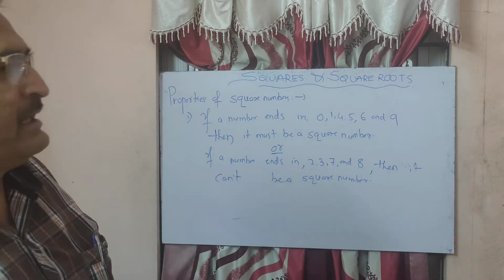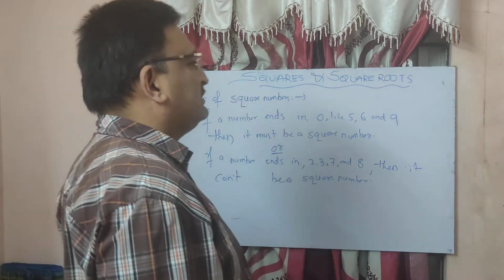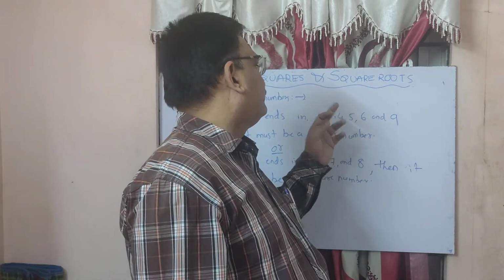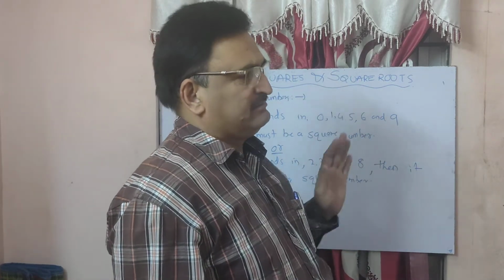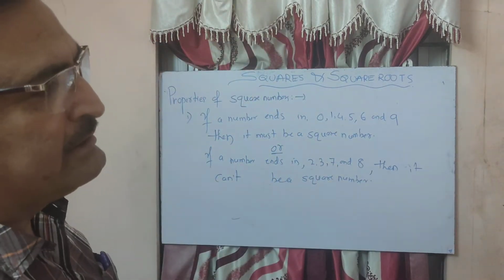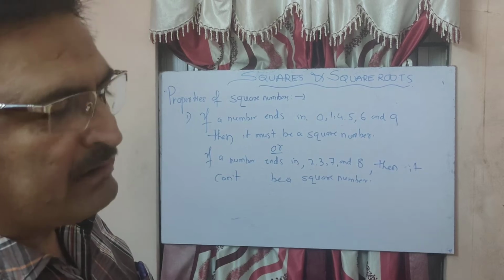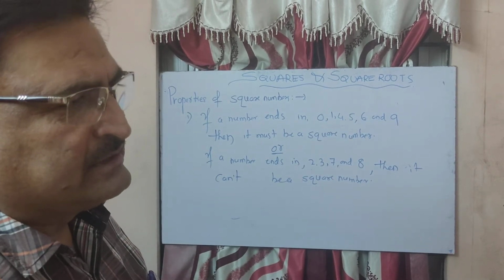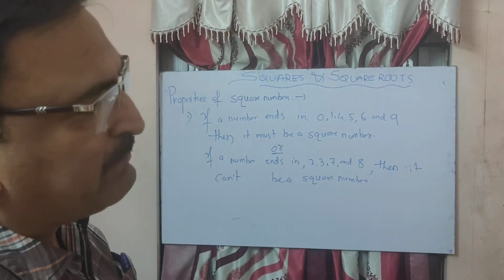To be square, the end numbers, or you can say the unit number, should be 0, 1, 4, 5, 6 and 9. Then only you can say, oh, they may be perfect squares. Not guaranteed, okay, there is a chance that they can be perfect squares.